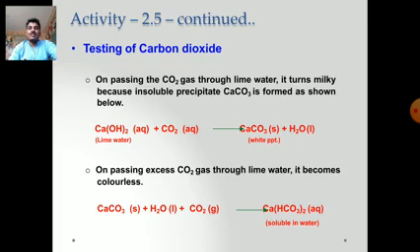On passing excess carbon dioxide gas through lime water, it becomes colorless. CaCO3 reacts with water plus carbon dioxide and is converted into Ca(HCO3)2, which is soluble in water.